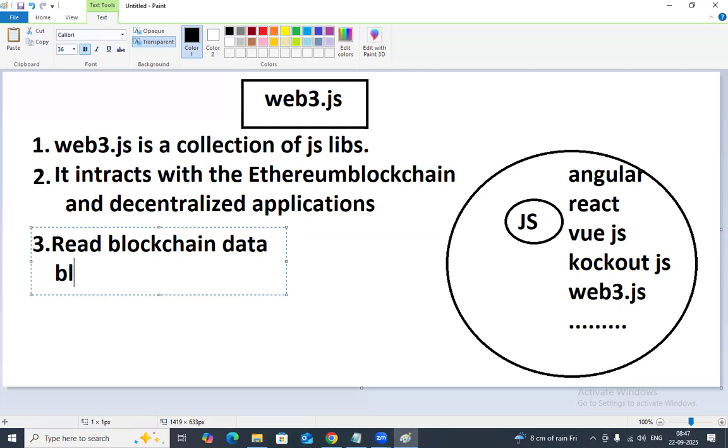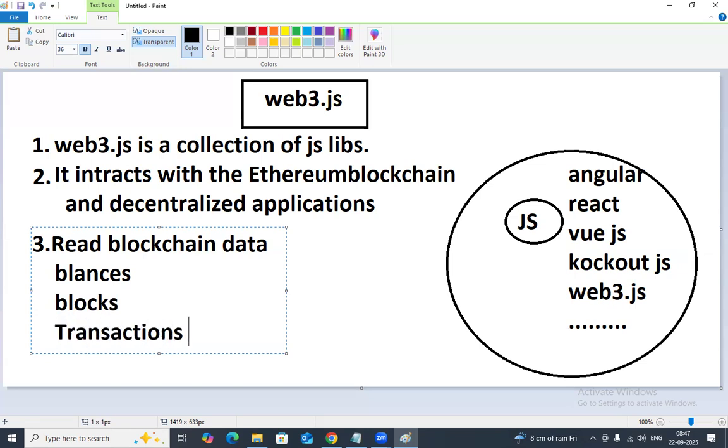Something like balances, blocks, and transactions. One is balances, one is blocks, and one more is transactions.